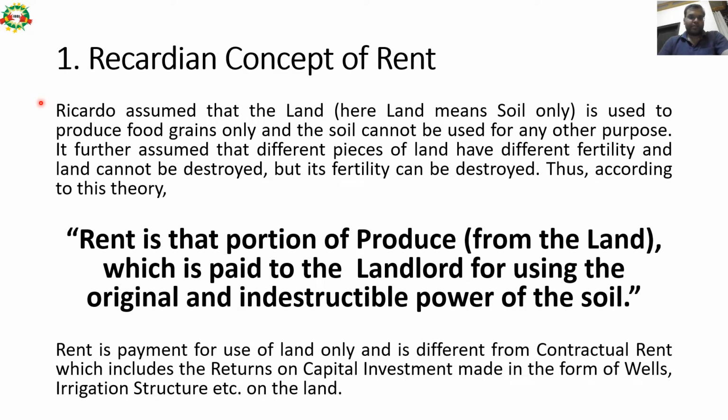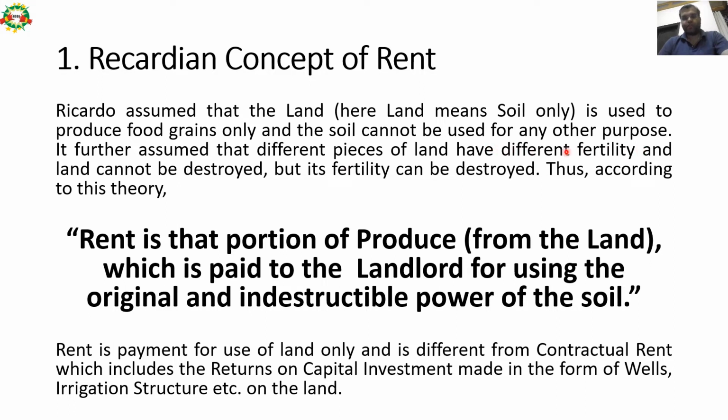So, Ricardian concept of rent. Ricardo assumed that the land, please note that in this theory land means soil only, is used to produce food grains only, and the soil cannot be used for any other purpose.